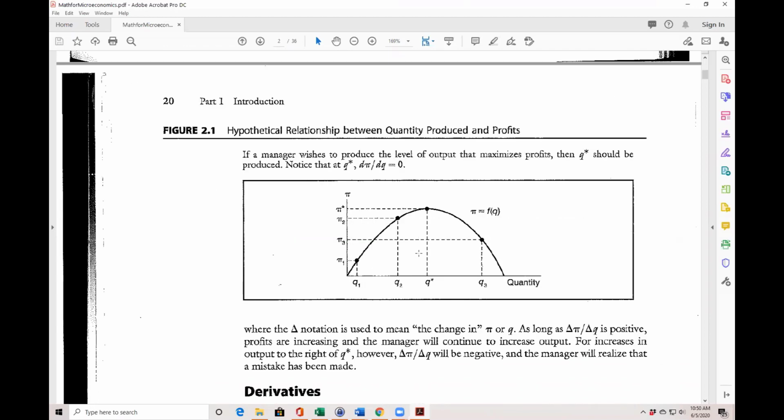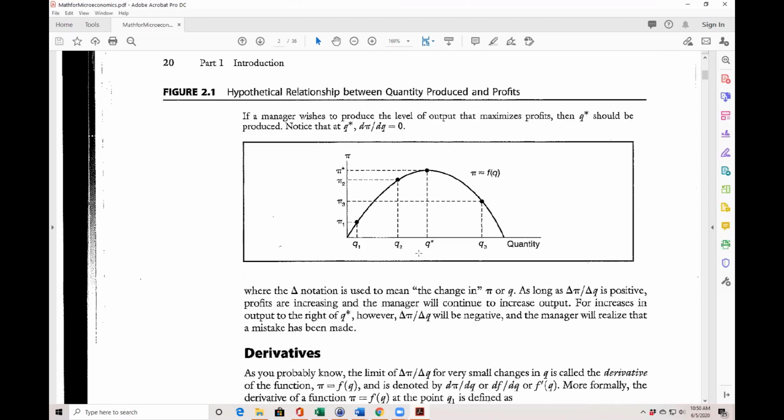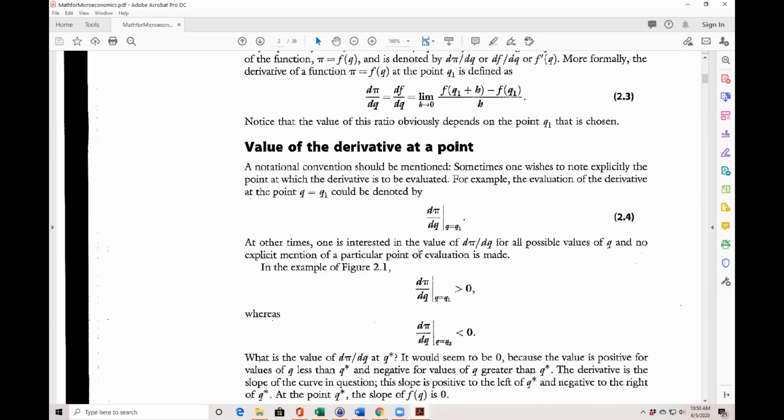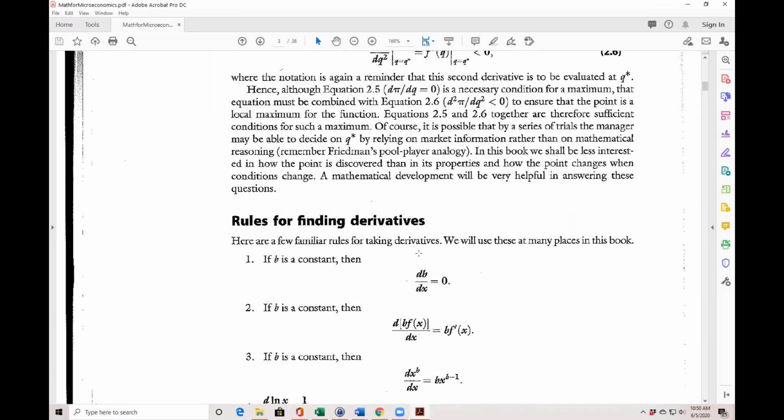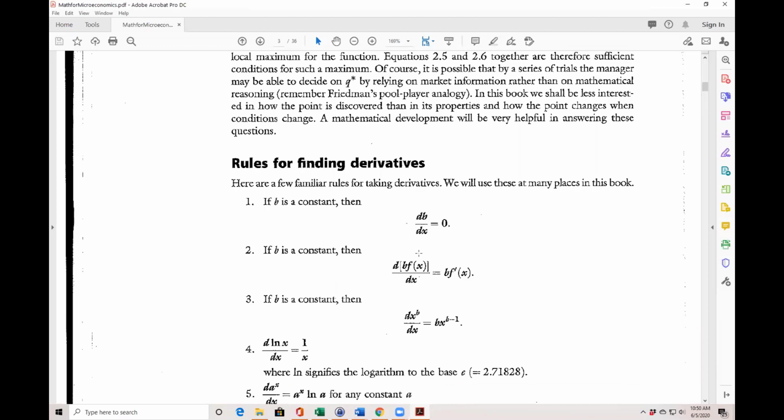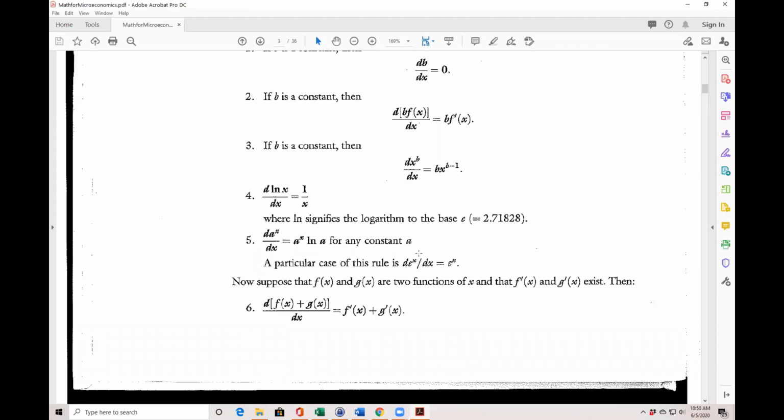This book tends to explain what a derivative is and where it came from. That's quite conceptual. What I'm looking for you to do is to apply the derivative rules. And there's another copy of the derivative rules, slightly different notation perhaps.